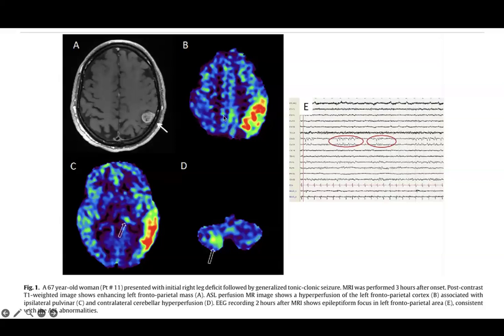In this ASL, we can also see ipsilateral thalamus activation and contralateral cerebellar increased cerebral blood flow. This mechanism I will explain in the next slide. This is post-ictal. Interictal, I have slides, sir.